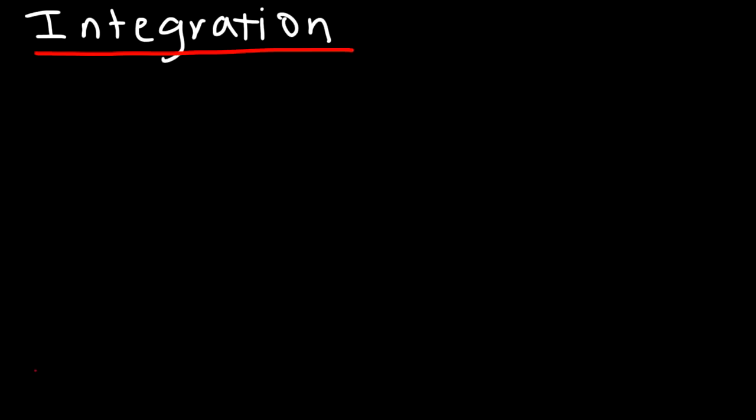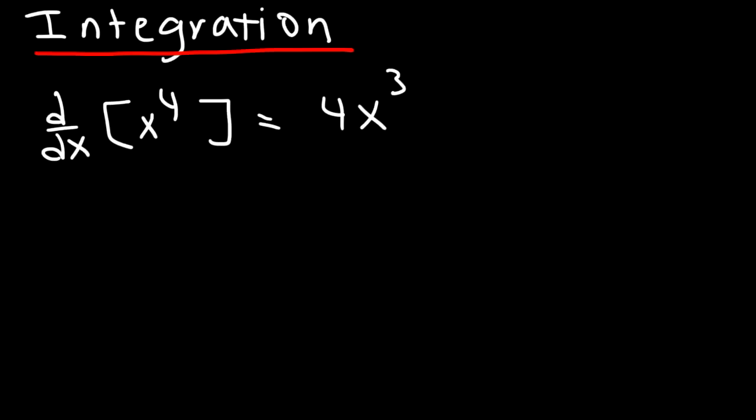Now the next area is integration, which is equivalent to anti-differentiation. As we said before, it's the process of finding the antiderivative. Now, if you recall, we said that the derivative of x to the fourth is 4x cubed using the power rule.